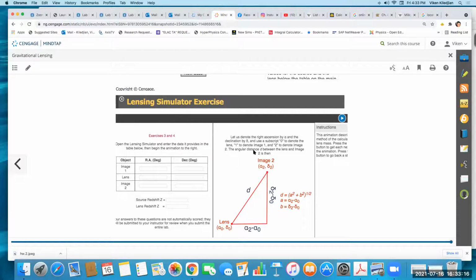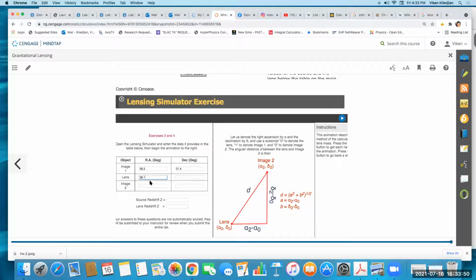The angular distance between the lens and the image 2 is then, basically you're just taking the angular separation. So for example, let's say the RA of image 1 was 56.2. The declination was 31.4. The lens RA was 56.1.